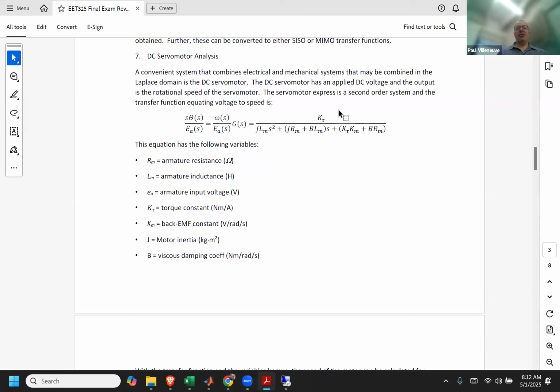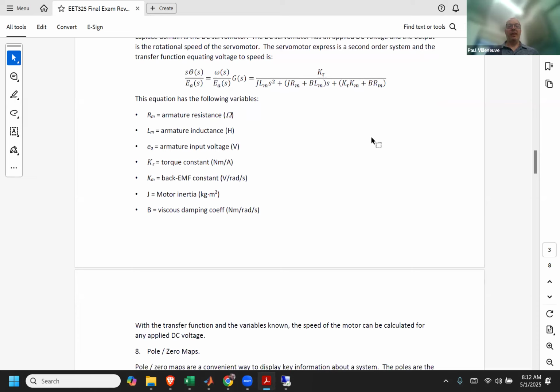We developed this equation here. I'm not expecting you to develop this equation. You have all the terms and coefficients, and they're all spelled out over here. So we don't need to get into all those specific ones, but this is a pretty good one to start to expand our knowledge of electrical systems and how we can control mechanical systems.